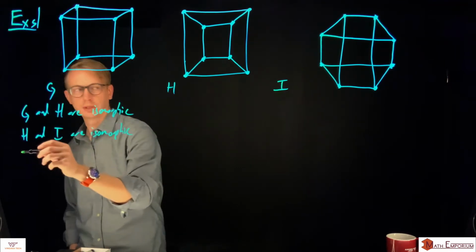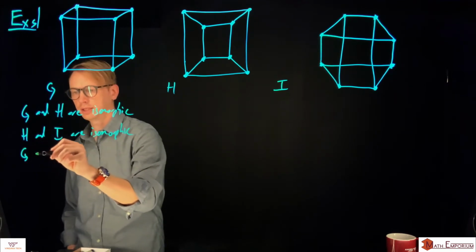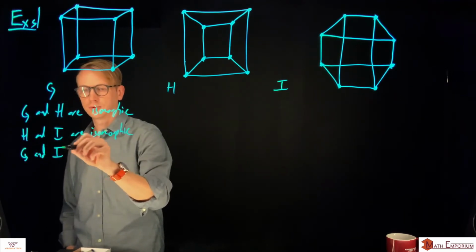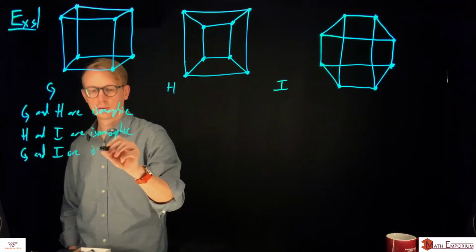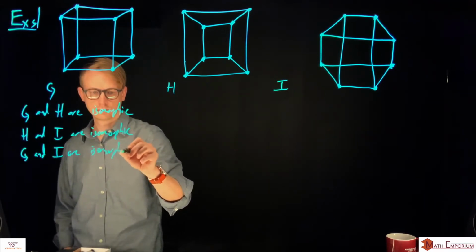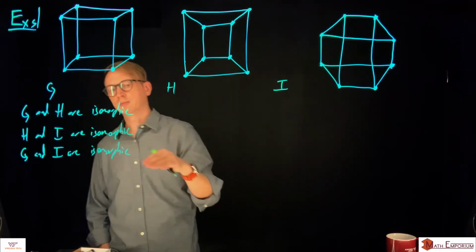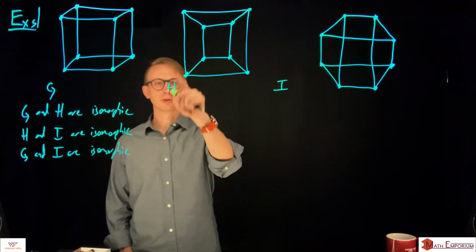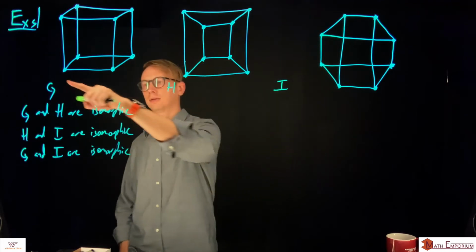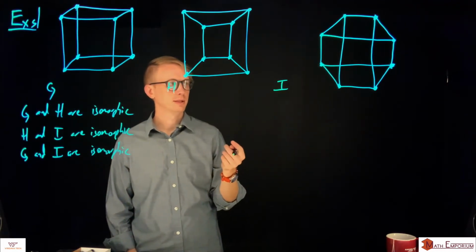And this is the new word here, isomorphic. And it turns out also G and I are isomorphic. It is true that the concept of isomorphism is transitive. So since G is isomorphic to H and H is isomorphic to I, then G is isomorphic to I.